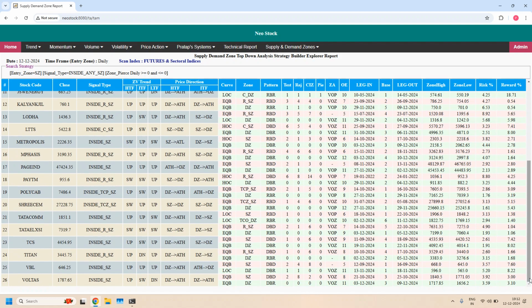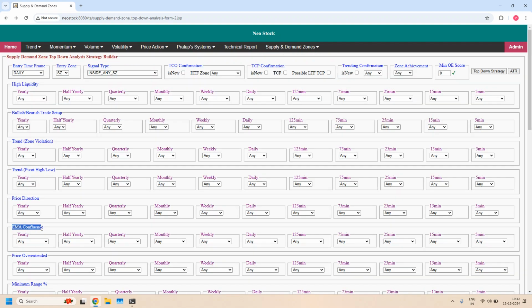We can further filter this list with daily supply zones having daily EMA Confluence. Let us filter those stocks. In the EMA Confluence, daily time frame, daily supply zone having daily EMA Confluence filter is enabled. And when EMA Confluence is enabled, the trend should not be sideways.